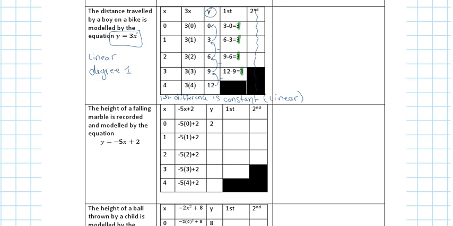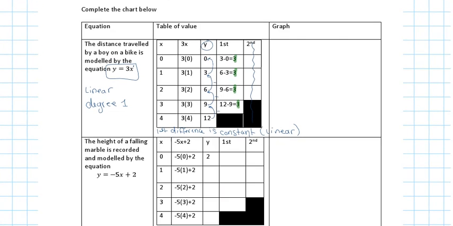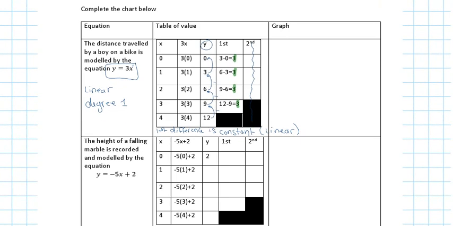Now, let's try to graph. Remember, on Monday we learned that we have to have the x and the y, and then we have to put them on the Cartesian plane and graph our line. So what I have here, all the x's are positive, all the y's are positive, so I'm going to stick with positive x and y.